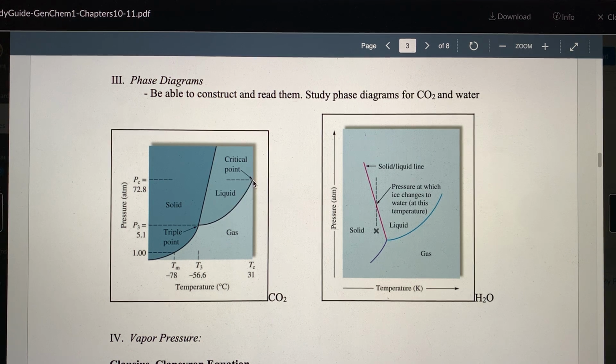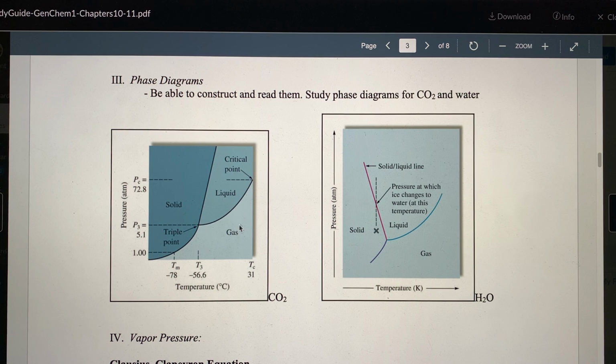Now, the other important point is called TC, which is the critical point. And of course, every single point you have two values. At that point it is 31 degrees Celsius, and the critical pressure is 72.8. Now, beyond that critical temperature, if you go beyond that, like 32 degrees Celsius, it has to be a gas.